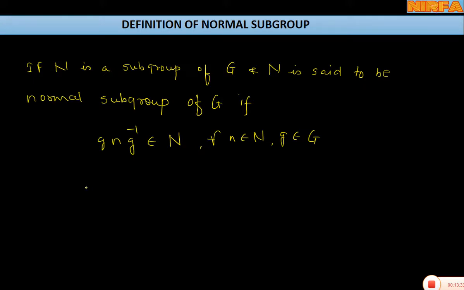So you write identity here, you write any element from N, you write the inverse of the left element, that is e inverse, and this is equal to n, and n is a member of N. Therefore it is satisfied by only one element, that is identity, and it would be satisfied for all the elements of G. Then only this N is called a normal subgroup of G. So this is a definition, and we are using this definition to prove some lemmas and theorems next.